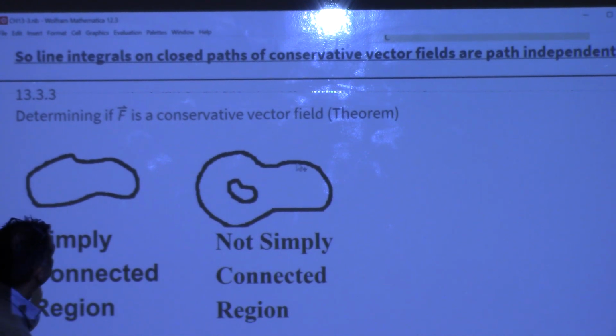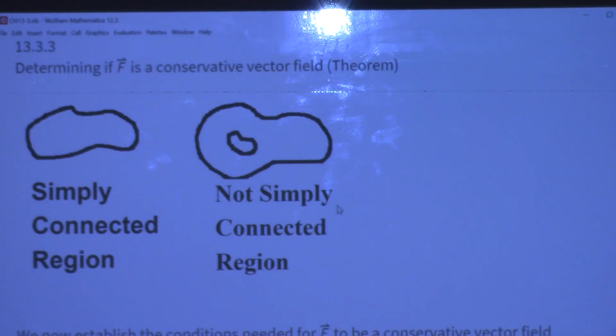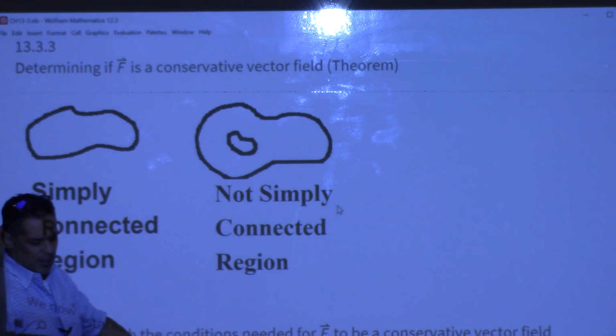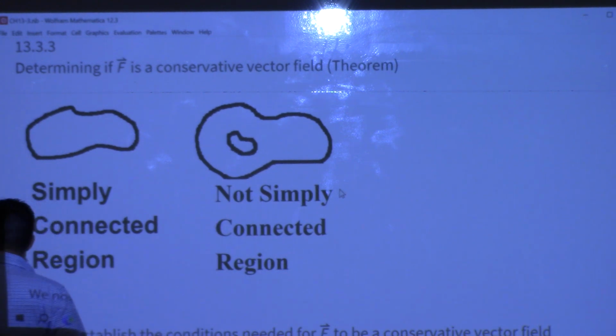So first, we have this idea of what's called a simply connected region and a not simply connected region. This gets into a topic in math that we're not going to get into, but I can kind of explain it.